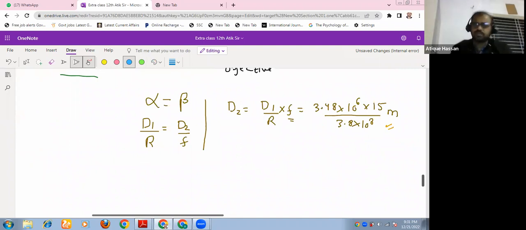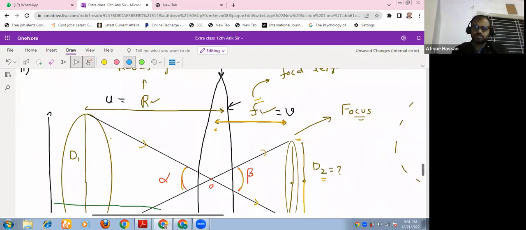If you remember the formula, in board exams you will be asked to draw the diagram for the construction and working. So you will have to draw the ray diagram and derive the expression for the magnifying power.